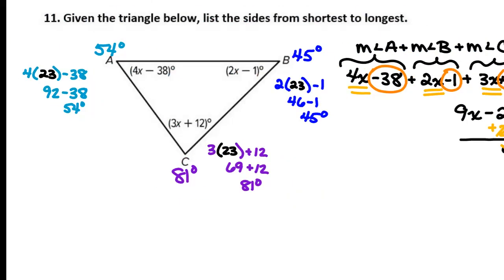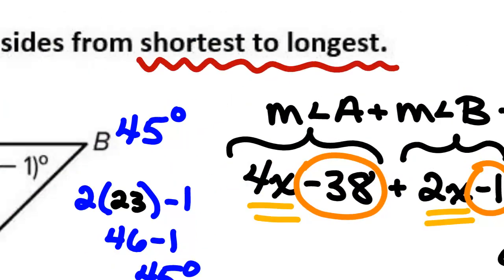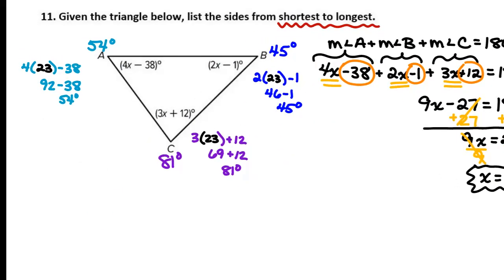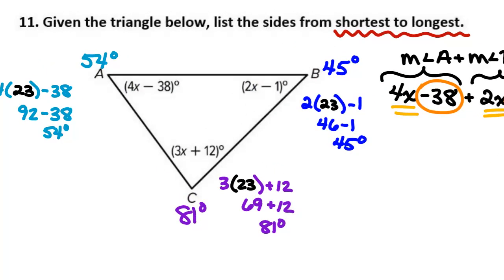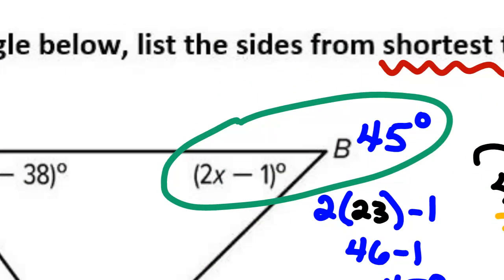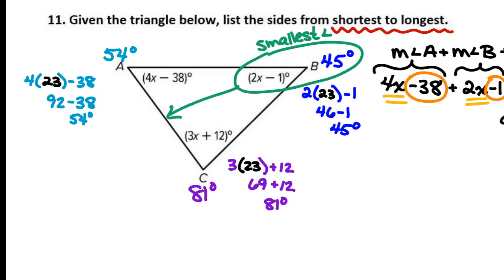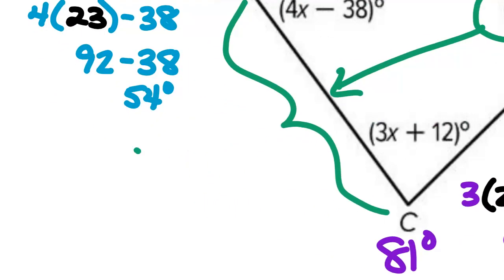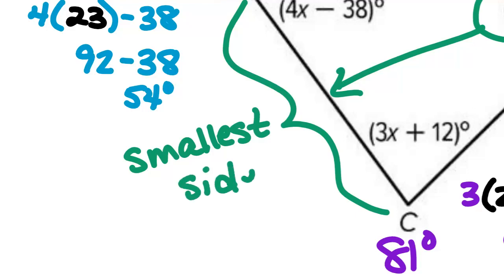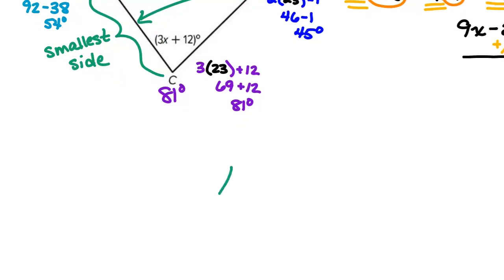All right, we're supposed to list these in order from shortest to longest. So where would my shortest side be? AC, yes. This angle right here is my smallest angle, so that's going to be across from my smallest side. So AC is going to start my list.